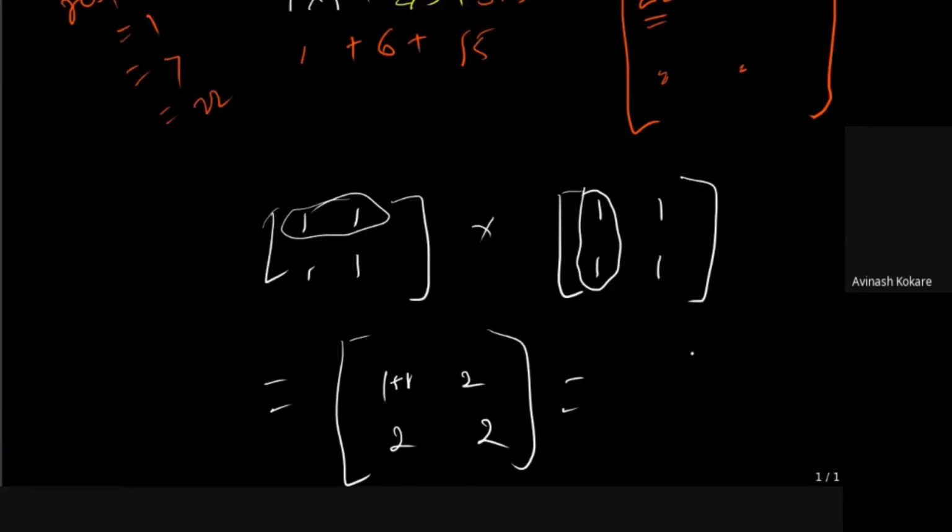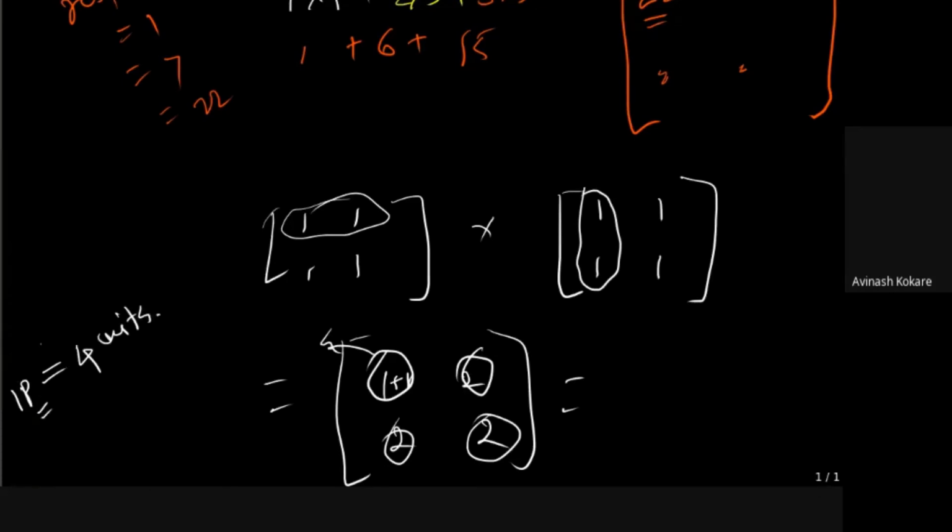If this entry is calculated by one processor, this entry by another thread, and this entry by another thread, and this entry. For one process to do all of it will require 4 units of time in this example.